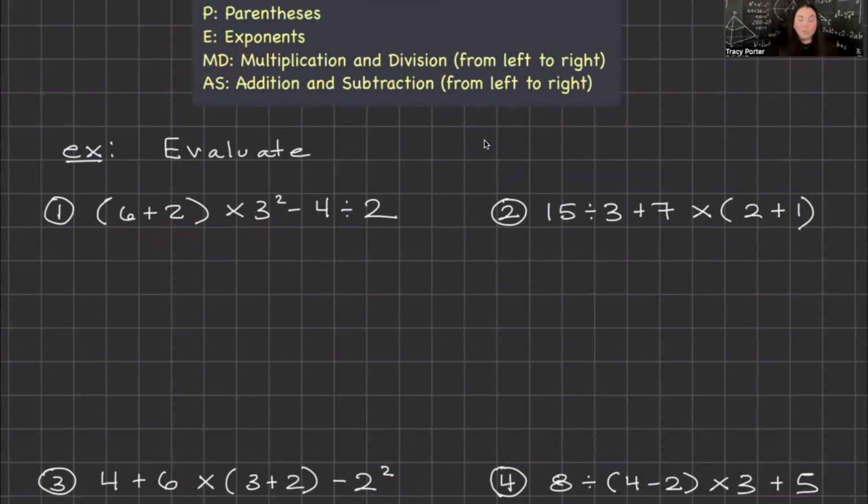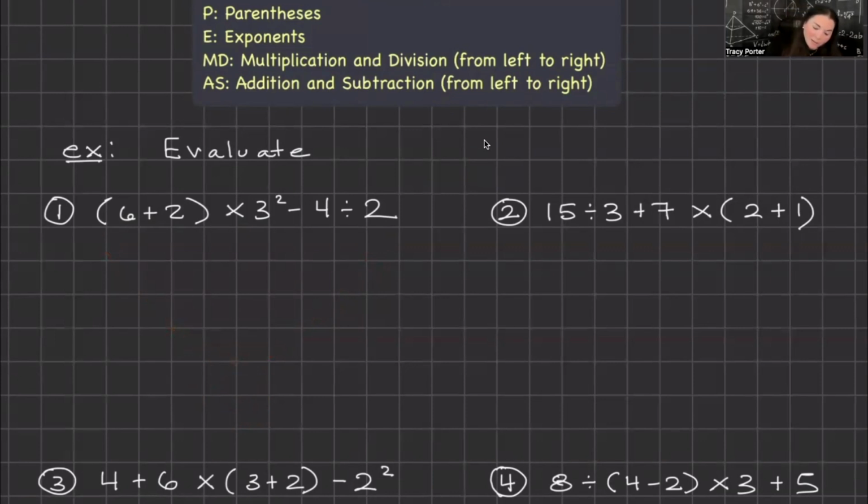Sometimes if you do one step at a time, your work will start to look like a funnel until it comes down to the final answer. That's a good way to start and practice to make sure that you're getting all your steps. So do it slowly until you pick up some speed when you have the accuracy down.